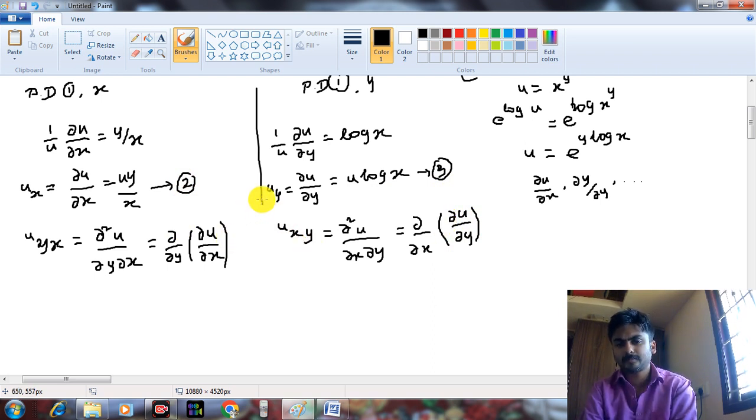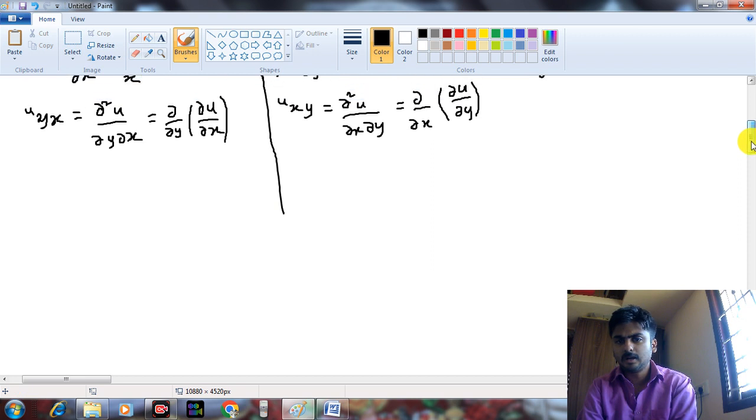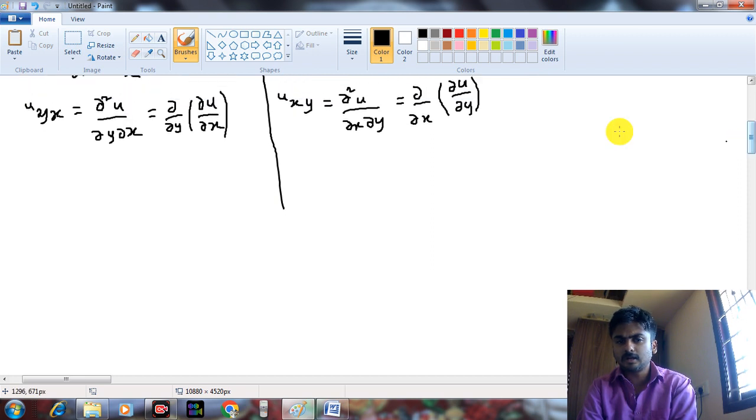Okay, now we want to find these values. So here ∂/∂y of what is the value of ∂u/∂x?